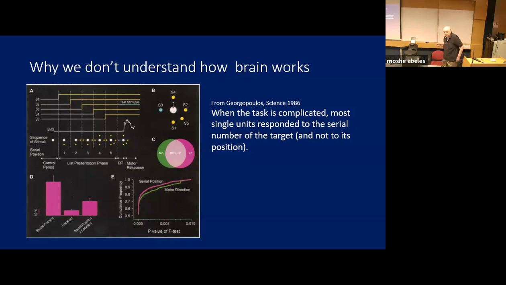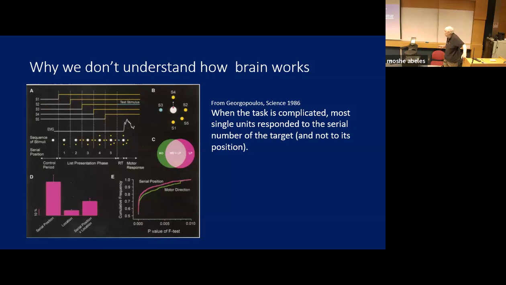Now we recorded single units in the primary motor cortex of these monkeys and tried to see to what feature of what's going on here the neuron raises its firing rate. And as you see here, you cannot read this, most of the neurons fired to the serial order of the target.